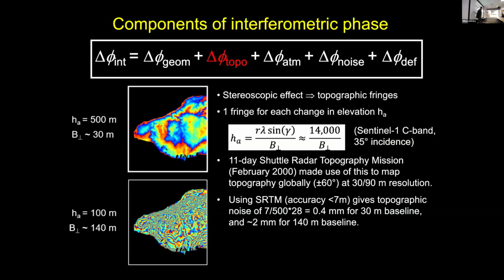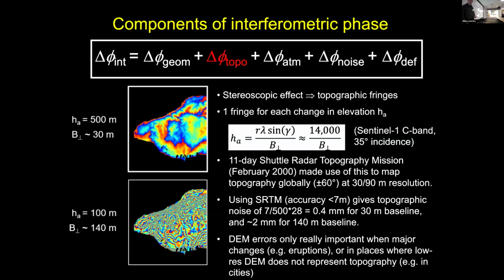In this case, if the baseline is 30 meters, you've got that altitude of ambiguity of 500 meters. An error of 7 meters gives you a 0.4 millimeter error due to the topography. If you've got the 140 meter baseline, it will give you a 2 millimeter error in the phase.